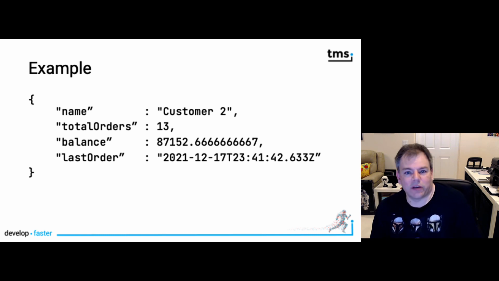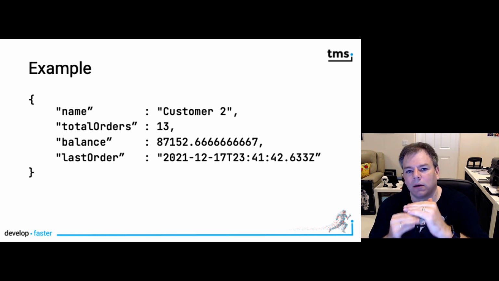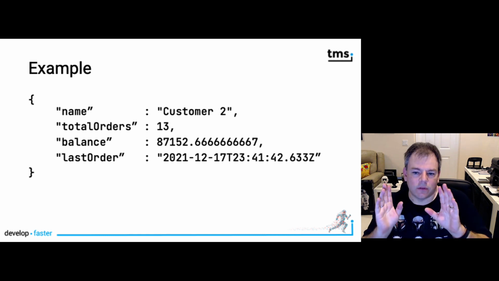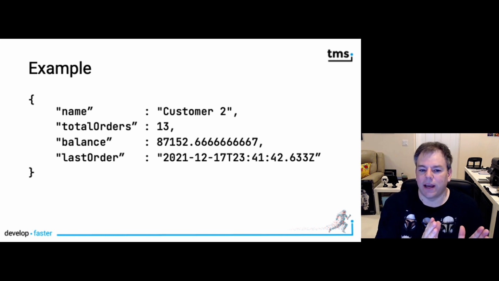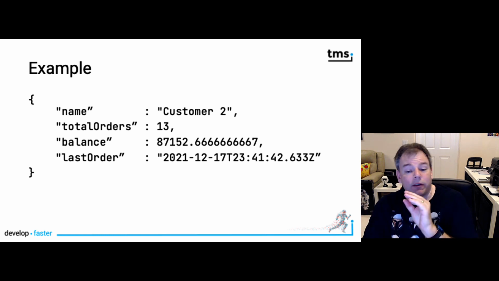That's what the curly braces mean. And everything inside of those curly braces refers to one object. And then you always have name value pairs. On the left side here in this picture, in front of the colon, you have the name, and on the other side, you have the value.